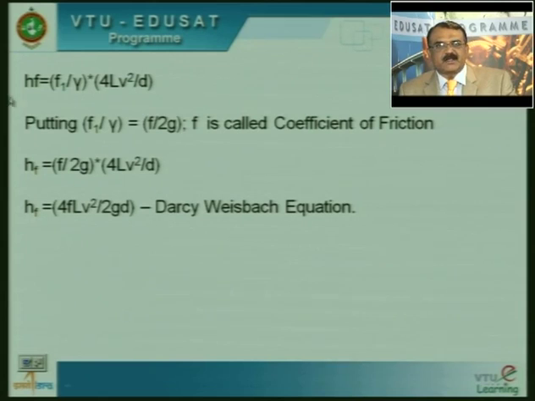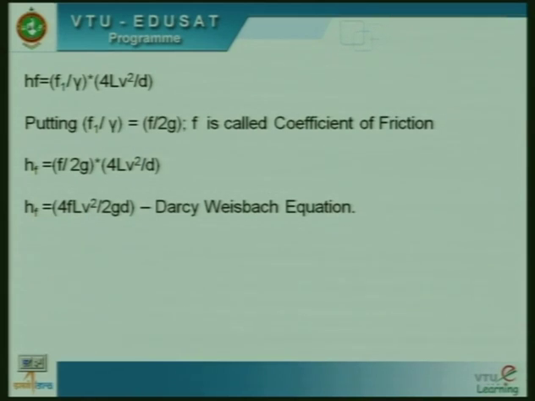Now, this F1 by gamma is a constant. This F1 by gamma can be written as F divided by 2G. Now, F is called the coefficient of friction.